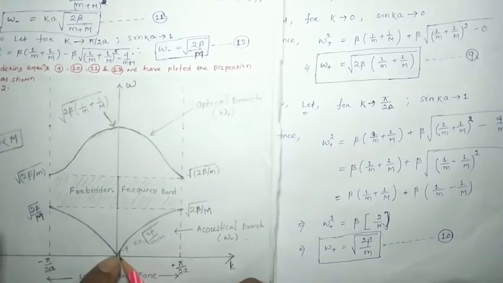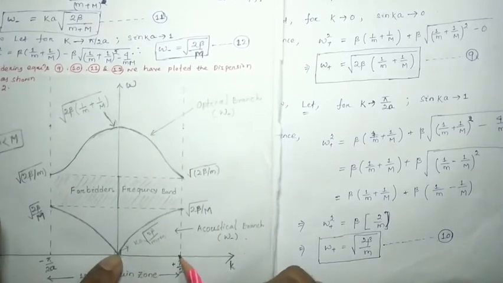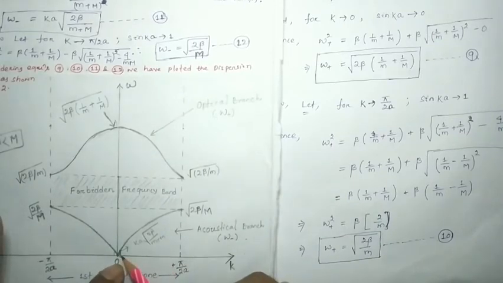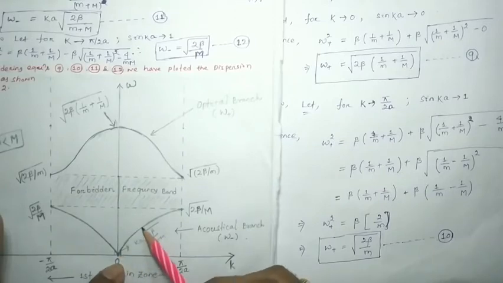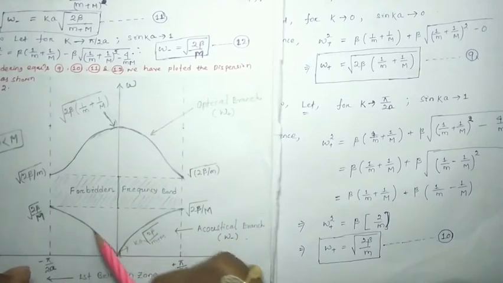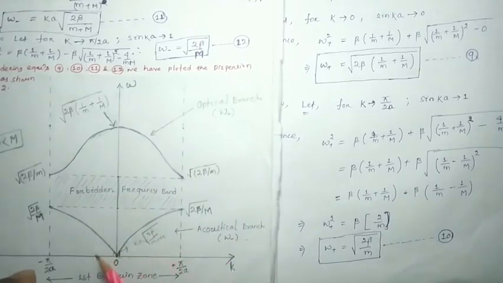If we take other values of k and draw the graph, it will look like this, and this side like this. So this is very similar to our monoatomic lattice vibration case.